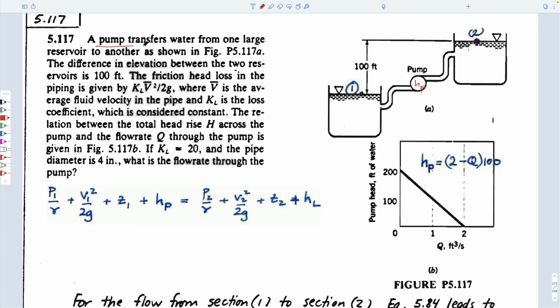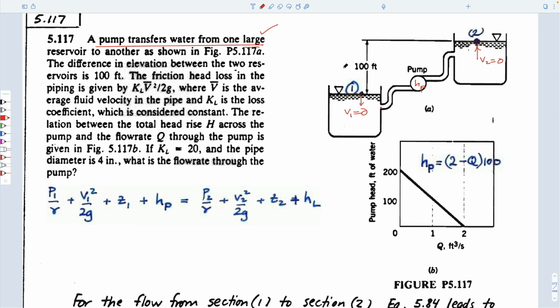A pump transfers water from one large tank or one large reservoir to another. This is code, right? This means that velocity V1 equals 0, large tank. Velocity V2 is equal to 0. So that's what this means. Difference in elevation is 100 feet.